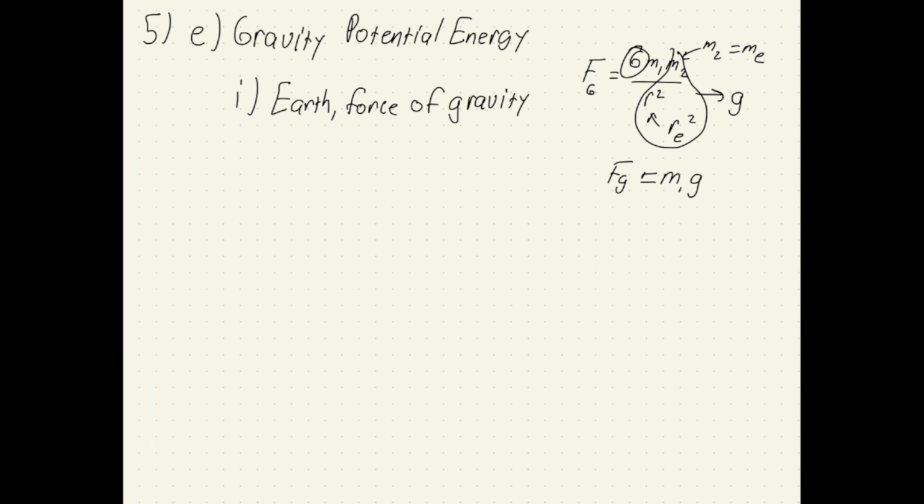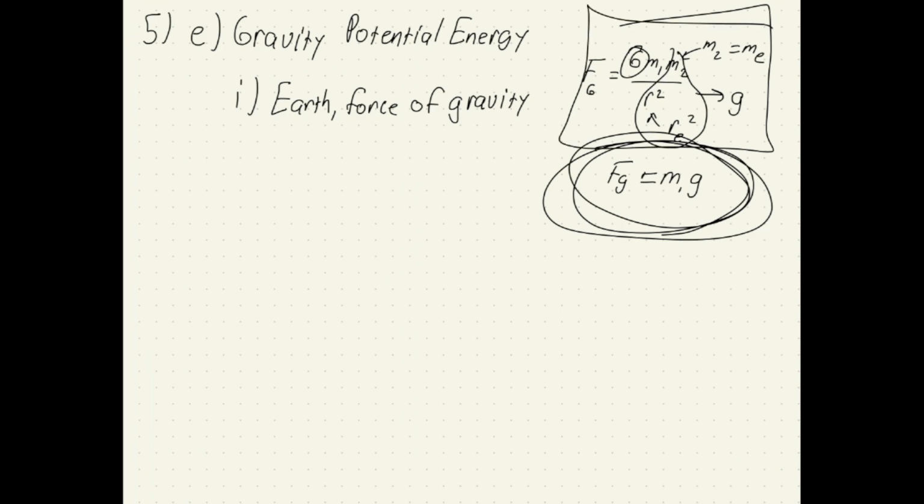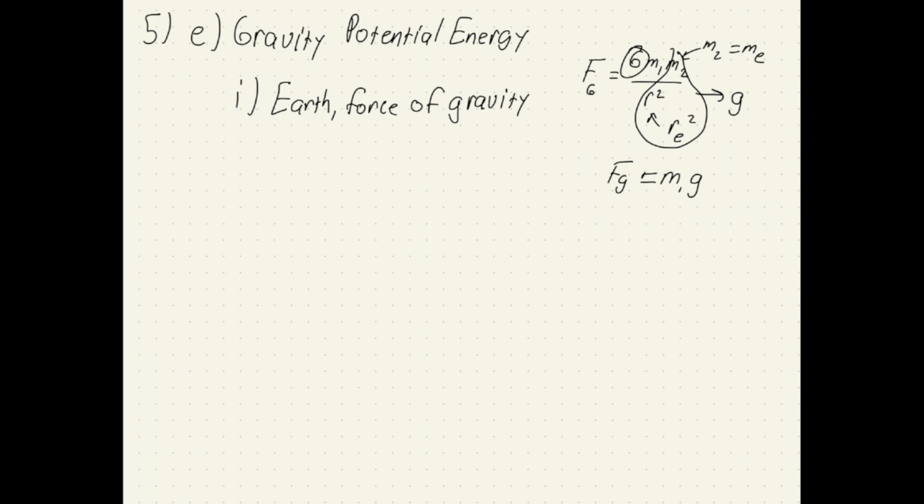And that's how I want to differentiate between gravity potential energy, which is due to this simplified form, Fg is equal to m1g, versus gravitational potential energy, which is this one. It's not really much of a difference. It's very subtle, but I still want to be clear about that.